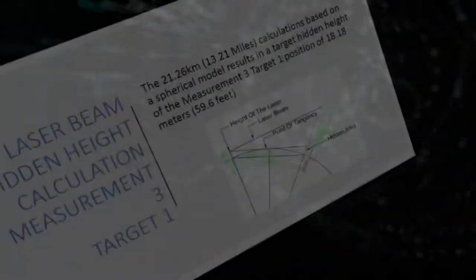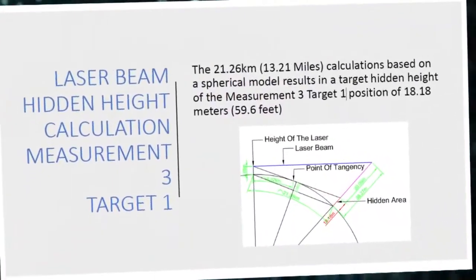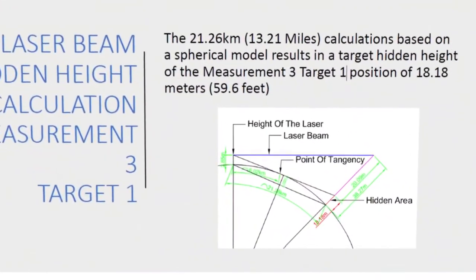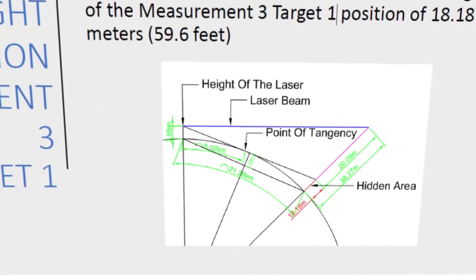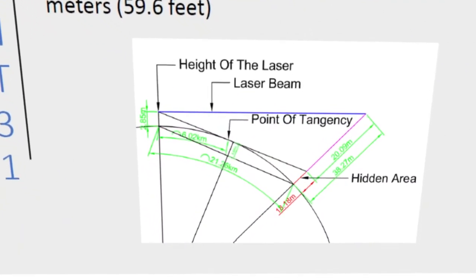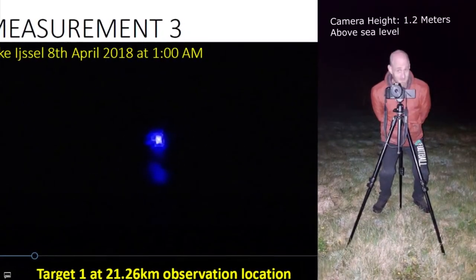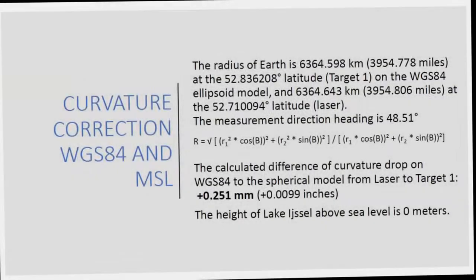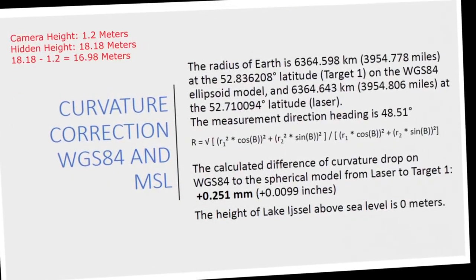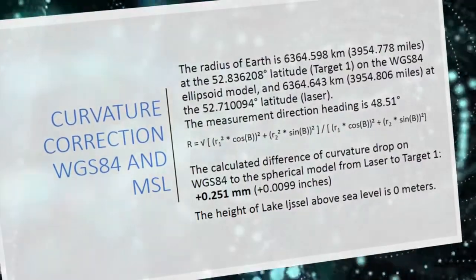The 21.26 kilometer calculations based upon the WGS-84 geoid model resulted in a target hidden height for measurement 3, Lake IJssel, Target 1 location of 18.18 meters or 59.6 feet. The camera height was 1.2 meters. The WGS-84 geoid model differed by 16.98 meters in this measurement, which meant 93% of the target hidden height was visible.